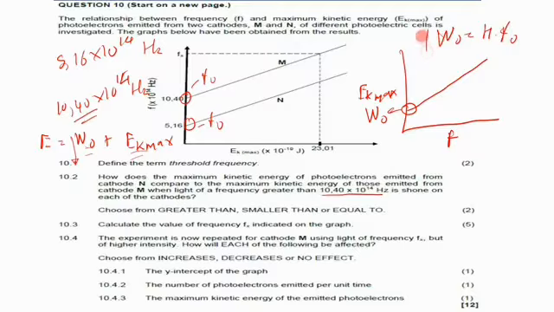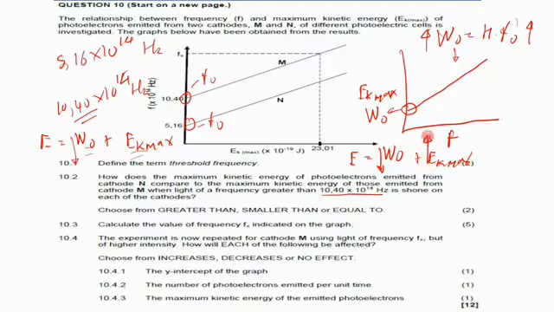So we can say that the work function is directly proportional to the threshold frequency. So the one with the higher threshold frequency will have a higher work function, then resulting in a lower EK max. But the one with a lower threshold frequency will have a lower work function, resulting in a greater EK max. So this is the relationship that we have here. So if we have a lower work function, then we have a higher EK max.